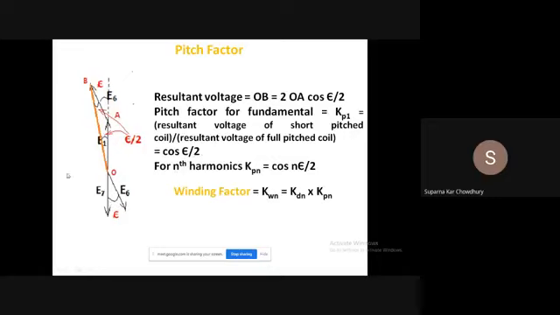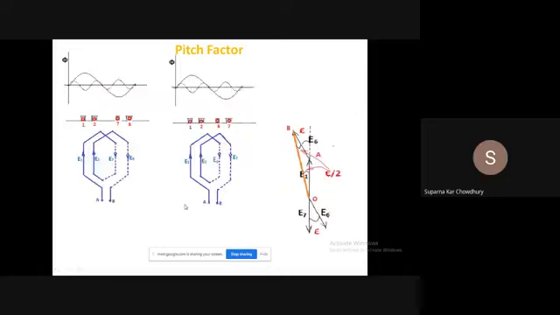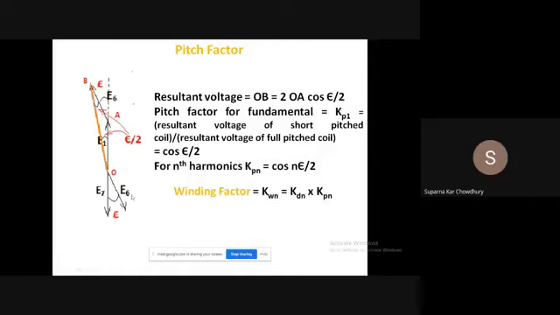Now in general, this short pitching is by an angle gamma, the slot pitch angle. In general, we term it as epsilon, and it is obvious that we can short pitch a coil by one slot pitch or two slot pitch, so epsilon should be a multiple of gamma. It cannot be half slot pitch. We have to short pitch by one slot pitch minimum.